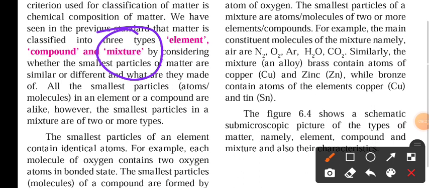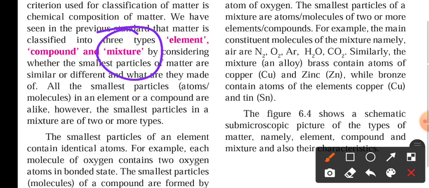Air is the best example of a mixture. In air we have water droplets, nitrogen, carbon dioxide gas, carbon monoxide gas, oxygen, and various other gases present in the air, but they are not chemically combined, they are just a mixture.